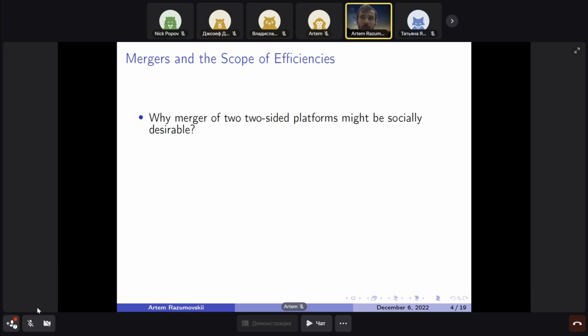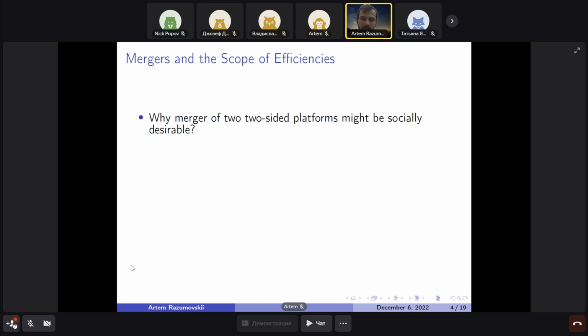Right, thank you. So the first effect, if we join two platforms into one, is that we will have more consumers on this platform, because before there were two platforms, now it's only one. So everyone will join this platform, which means higher network effects.